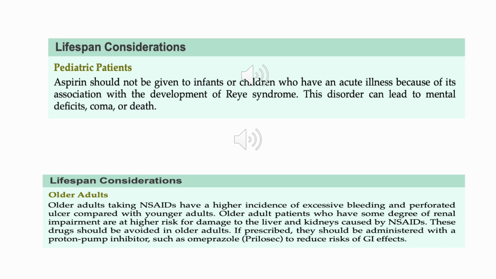Too much aspirin can lead to toxicity and can be life-threatening. Symptoms of aspirin toxicity may progress from mild to severe, beginning with tinnitus, ringing in the ears, hyperventilation, diaphoresis, thirst, headache, drowsiness, skin eruptions, and electrolyte imbalance.